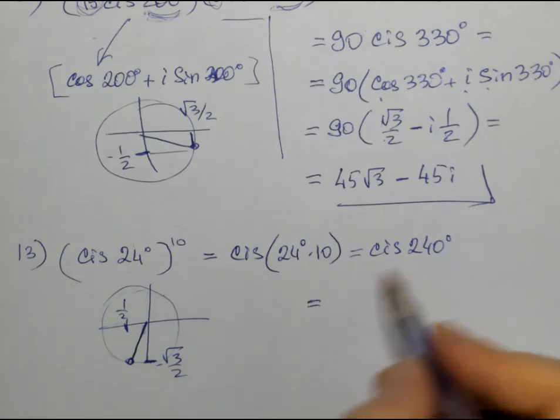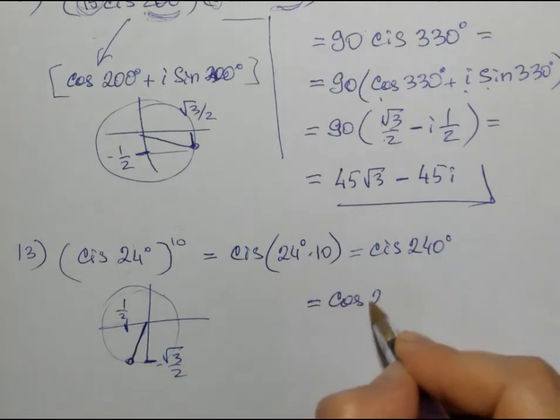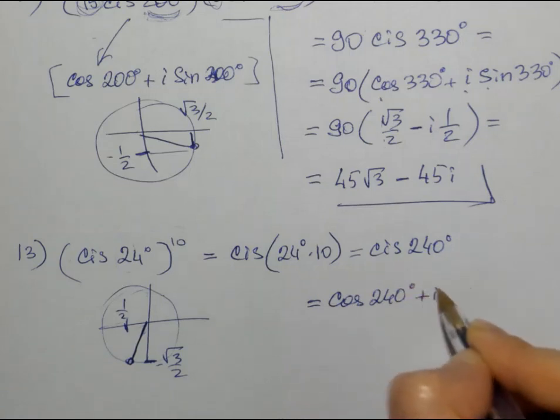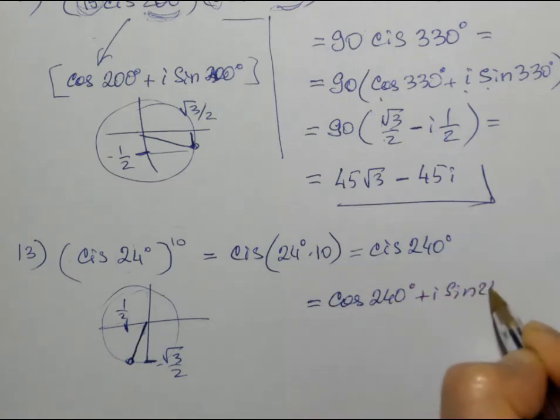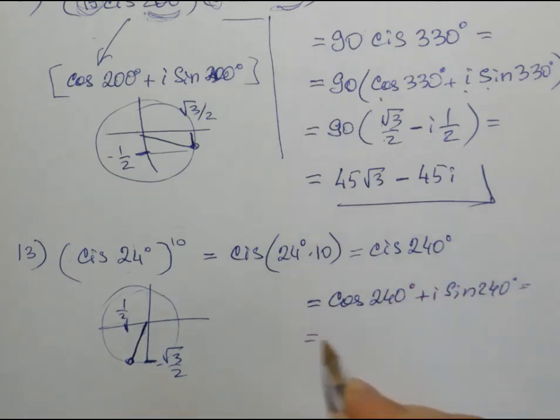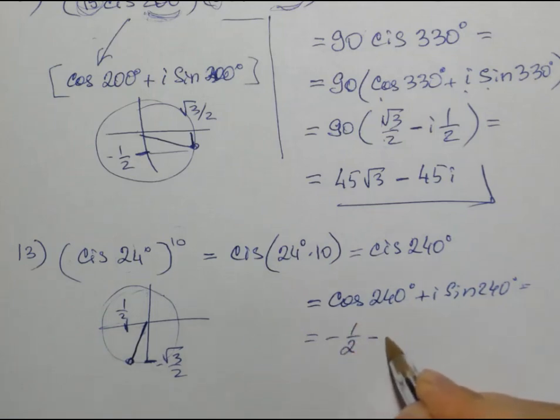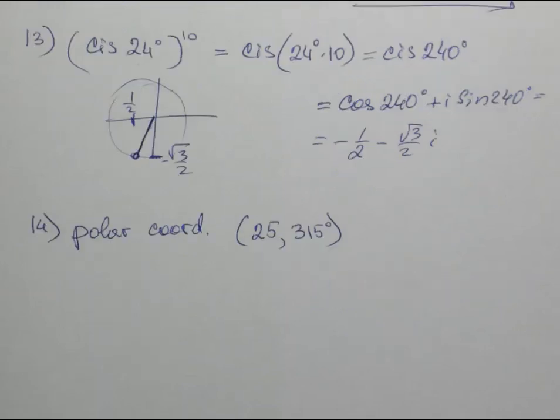So writing it in full form, it will be cosine of 240 plus i sine of 240, or negative 1/2 minus square root of 3 over 2 i in algebraic form.